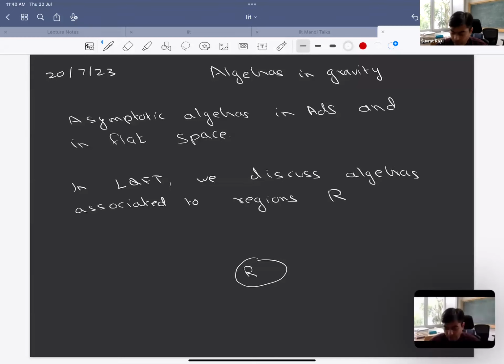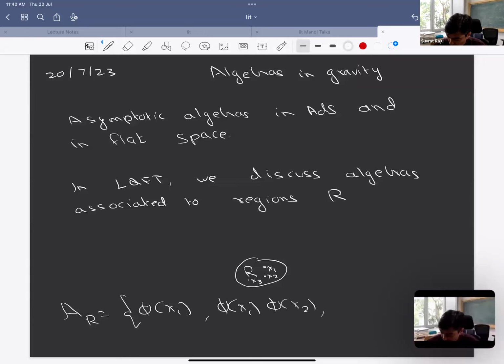So, you might have some field, there might be some points here, and you might have some field phi of x1, and then you'll have some algebra which is associated with R, which basically consists of products of this kind. And so on.